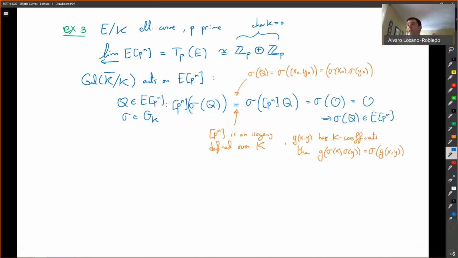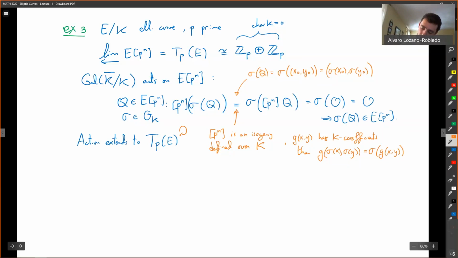And moreover, the fact that it commutes with the p to the n map allows me to extend the action to all of the Tate module. And so the Galois group of K acts on the entire Tate module.